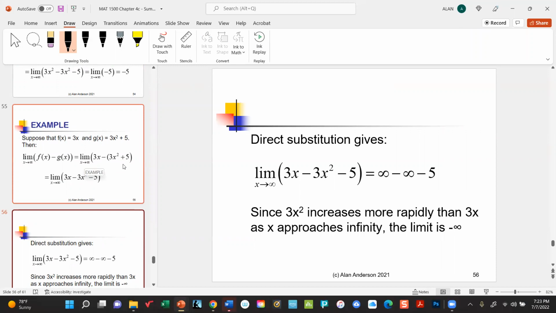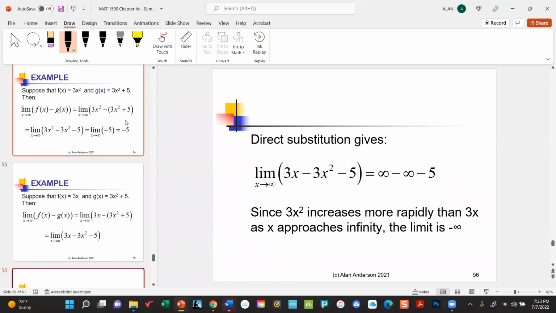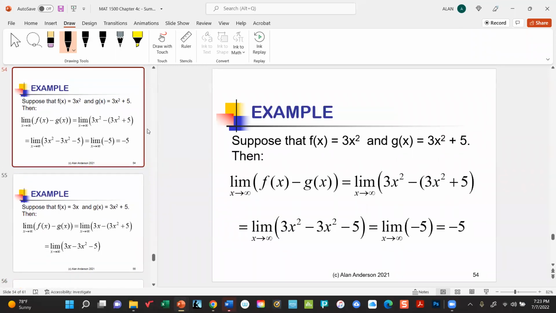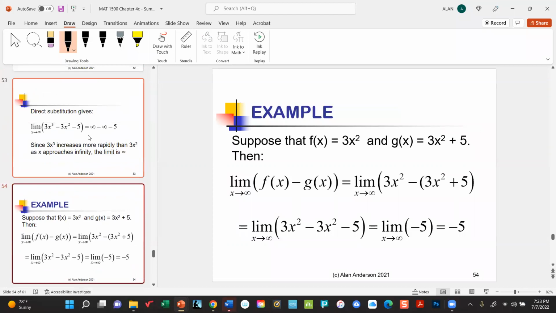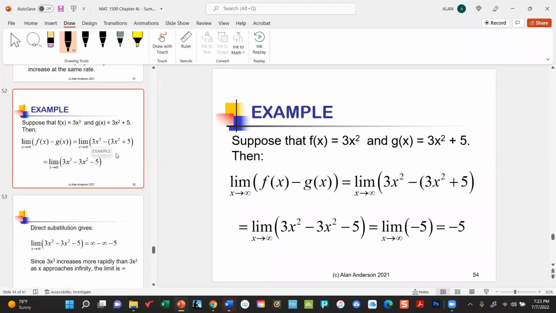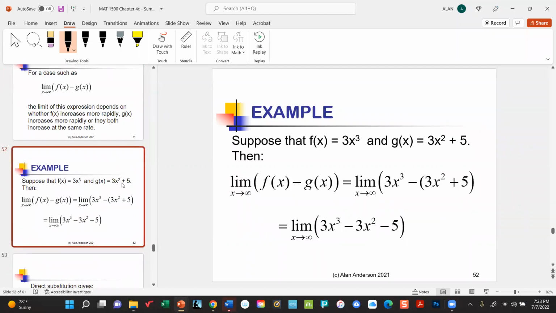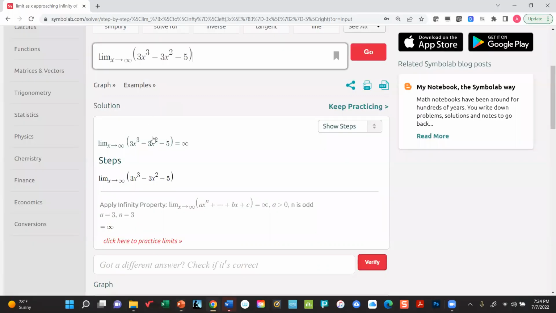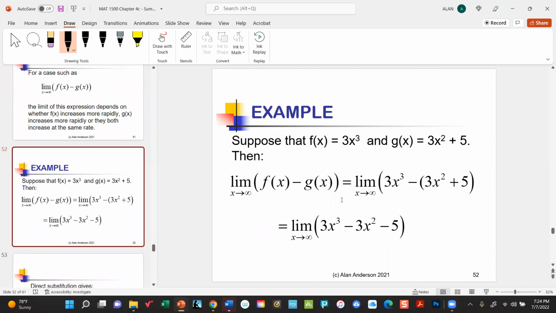Oh my God, this is a different example. I just realized, I thought there was a problem. No, unfortunately I was looking at a different example. So let's go back and try this one. 3x cubed minus 3. Yeah, so this one is fine.